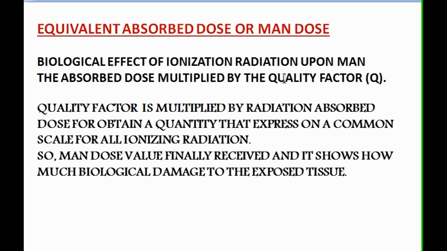The quality factor is multiplied by radiation absorbed dose, that is RAD, for obtaining a quantity expressed on a common scale for all ionizing radiation. So the man dose value is finally received. Man dose is equal to RAD times quality factor.